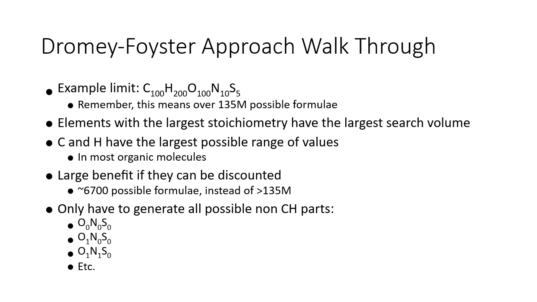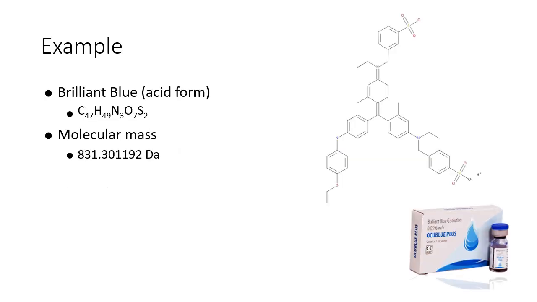But of course, now we're only iterating through the heteroatoms, so how do we account for the carbons and hydrogens that we're now missing but that we'll need in the final formula? In order to understand how the Dromey Foyster algorithm does this, let's walk through an example as if we're trying to assign a peak in a mass spectrum that comes from brilliant blue.